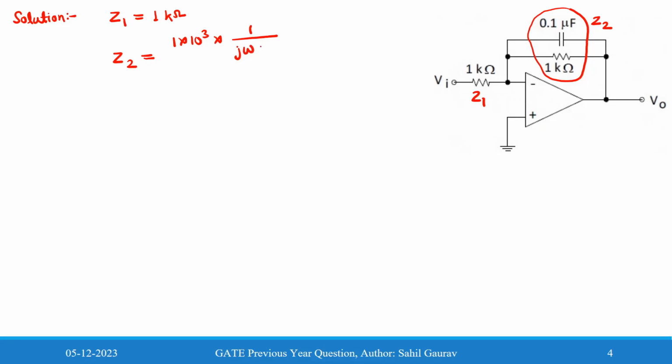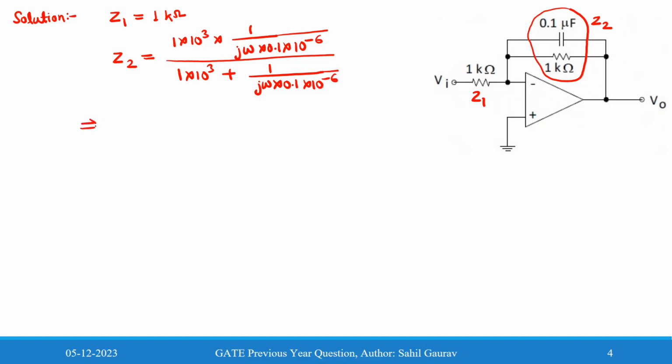That is 1 divided by jω into 0.1 microfarad, 10 to the power minus 6, and the numerator will be 1 × 10 to the power 3 plus 1 divided by jω into 0.1 × 10 to the power minus 6.